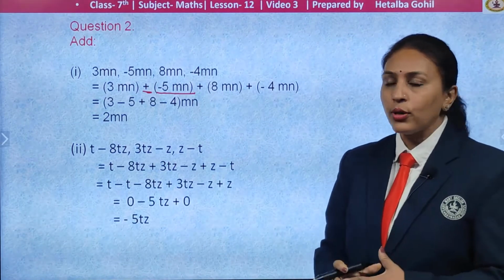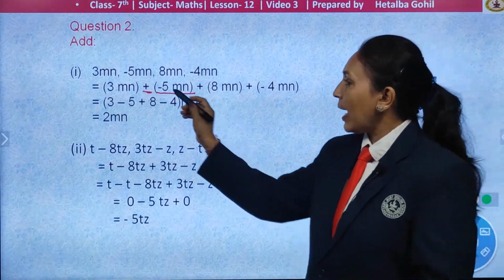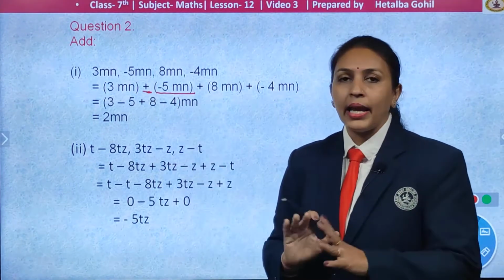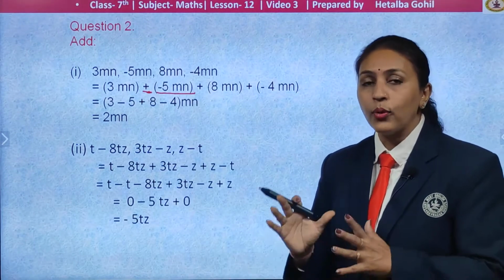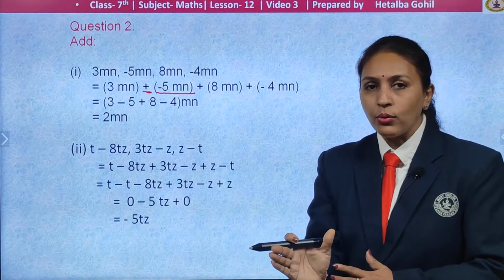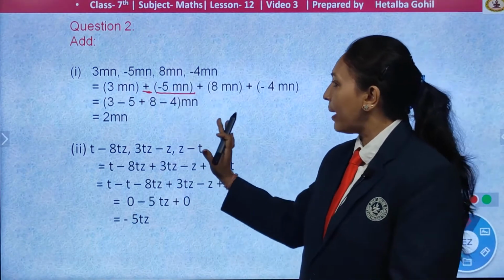Now children, as I told you, open the bracket. Here as you have an addition sign outside the bracket, it will not affect any of the signs inside the bracket. Only you have to change the sign to the opposite when you have a negative sign outside the bracket. So this will remain as it is.